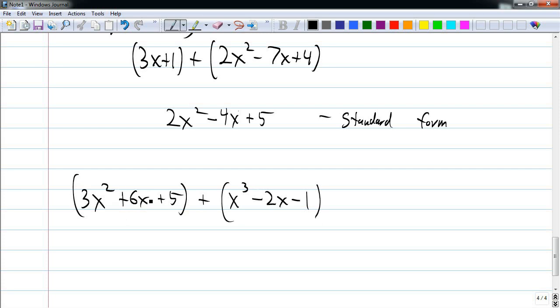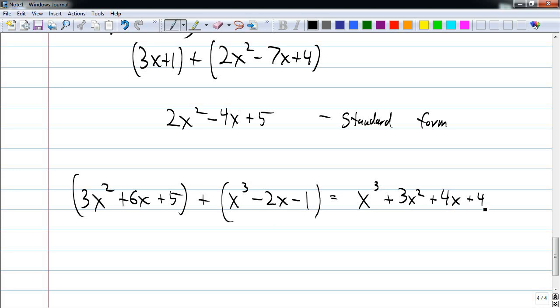X to the second, x to the first, no x. X to the third, there is no x to the second, x to the first, and no x. Okay? And once again, I'm collecting like terms. X to the third has no friends. Very sad. 3x to the second also has no friends, so they are alone together. 6x minus 2x is 4x, and the 5 minus 1 is 4.